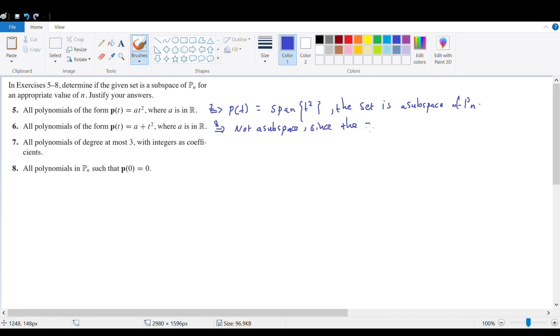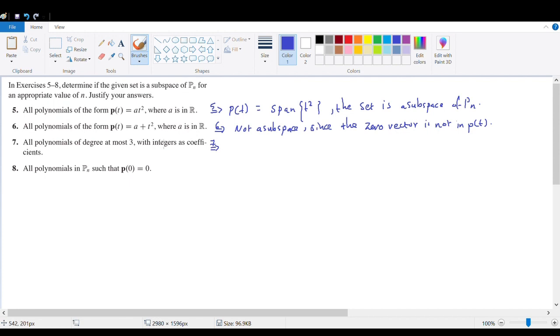Sorry, this one is 6, the previous one was 5. Now for 7.